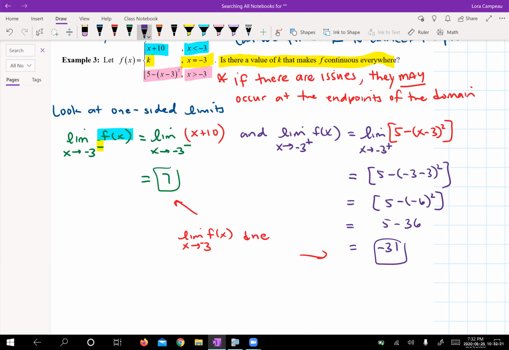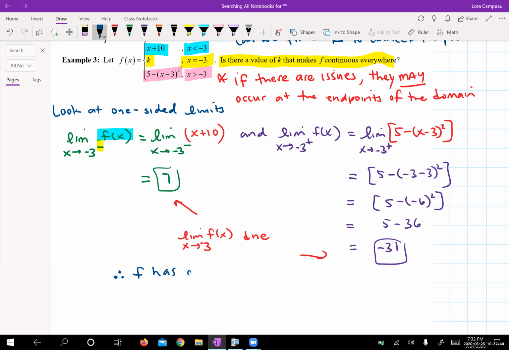So if we're playing with this, you can look at, well, if the y value is 7 and the y value is -31, that is a jump. You're not going to find a single value of k that's going to be able to connect those two pieces. They're not approaching the same limit. So we for sure know we have a jump discontinuity.